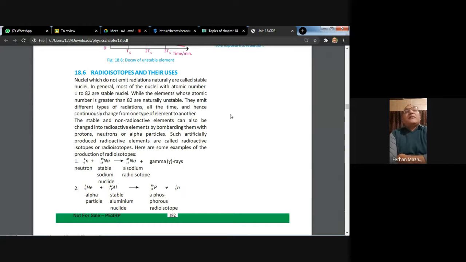They emit different types of radiations all the time and hence continuously change from one type of element to another. The stable and the non-radioactive elements can also be changed into radioactive elements by bombarding with protons, neutrons, radioactive isotopes. Okay, this is the answer.